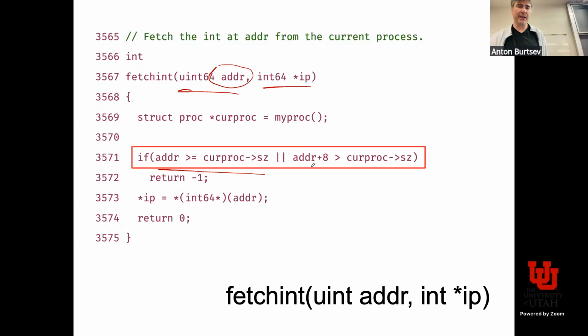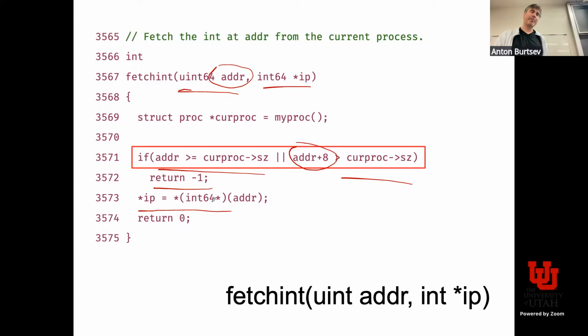That's why we have to check address plus 8, the other 8 bytes, in whether they are entirely within the user address space. If the condition is true, then we return -1 saying that the user is trying to attack us. If not, it's safe to read the value because it's in the user address space, right?